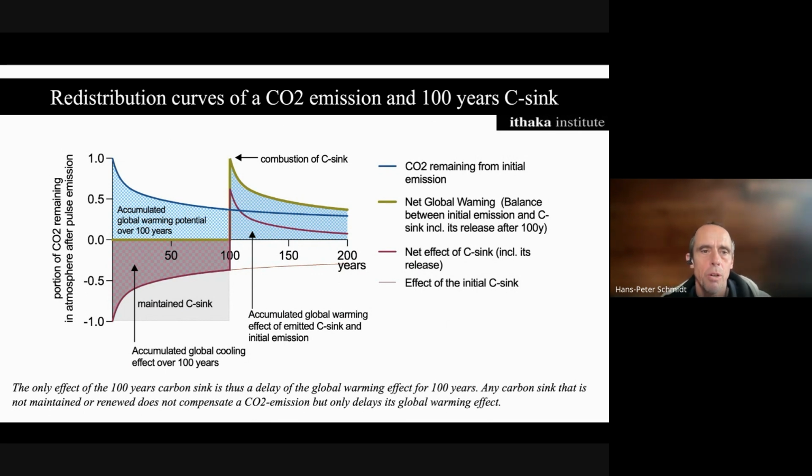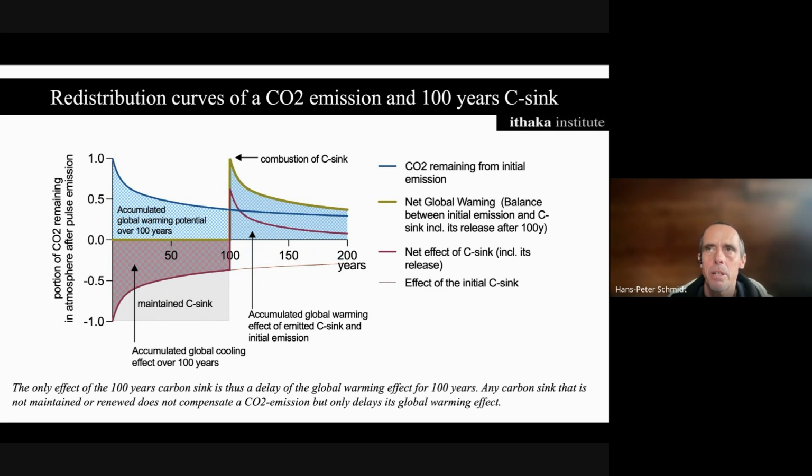So you have a global warming effect of your emission. Now you create at the same moment a 1 ton carbon sink. You have a removal, you maintain your sink for 100 years. And for those 100 years, there is no net climate effect between the emission and the sink, they balance each other out.